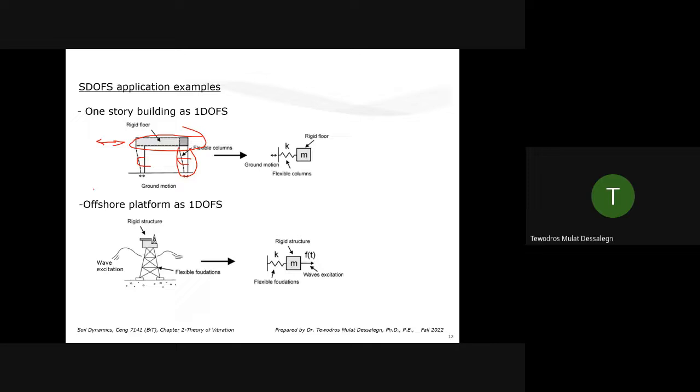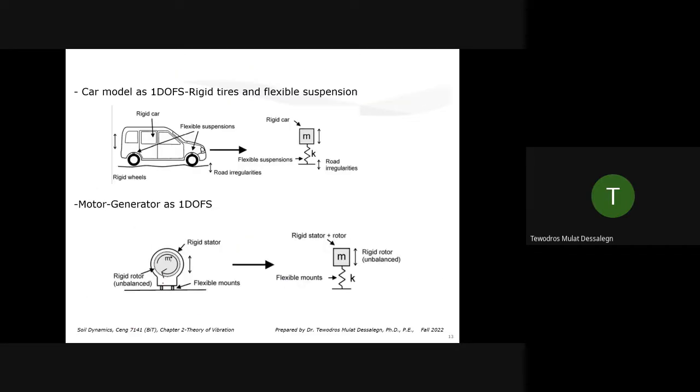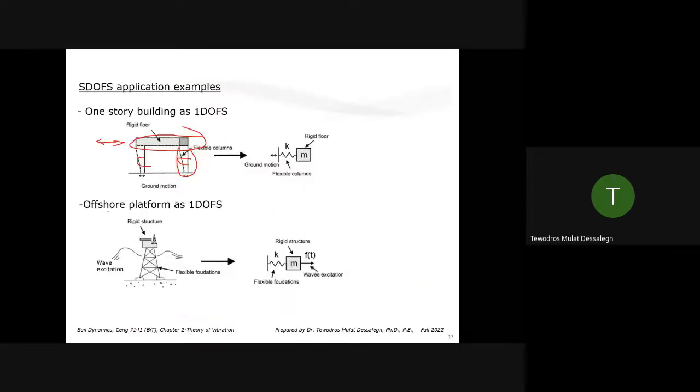Another example is an offshore platform. Let's say you have this offshore structure. It's a steel frame structure with a foundation at the bottom of the lake or ocean, wherever it is. And you have a water wave acting on it. So the source of vibration of this structure is a water wave hitting it. There is back and forth vibration, and there is a significant large mass at the top.